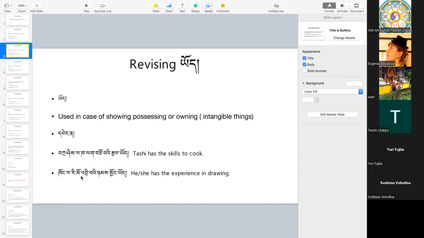Now in the second case, we see he or she has the experience in drawing. So the experience in drawing is something that's intangible. It is the proficiency of drawing. So we see that the proficiency in drawing comes from, for example, years and years of training.